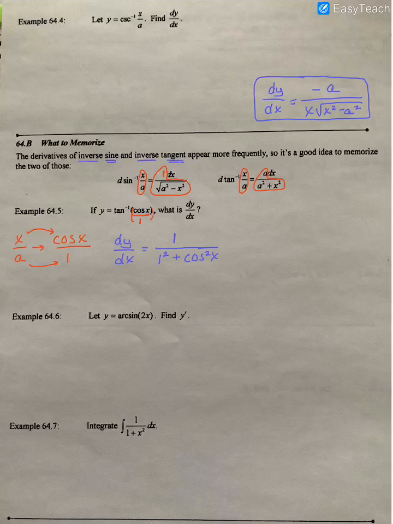Now, like any other piece of calculus, when we are taking a derivative, we always have to consider what our inside was. And when we're doing the derivative of tangent inverse of cosine, that means we're doing the derivative of tangent inverse of something, which means you always then have to do times the derivative of something, which in this case means we're doing the derivative of what was our x value, and it was cosine x.